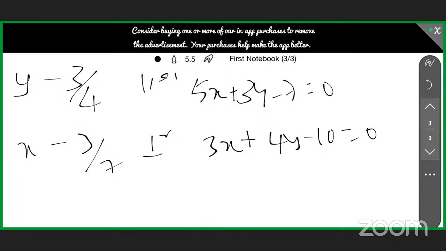And for parallel lines, ax plus by plus or minus k is equal to 0. Not minus c, plus or minus; it can be anything in parallel lines. So that you have to take care.